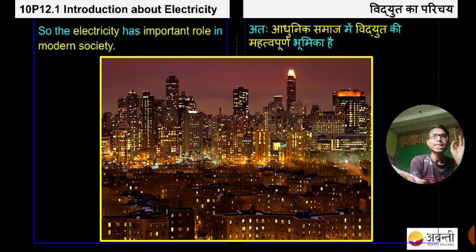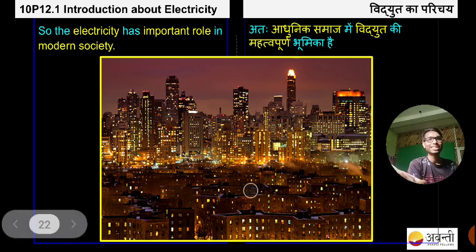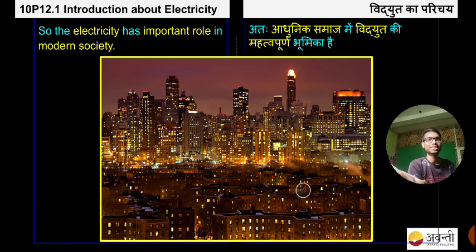So electricity has an important role in modern society. Here, this is an urban area. You can see bulbs are glowing. Can you imagine how much electricity is being consumed by this town? More.